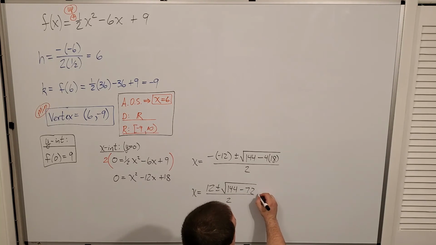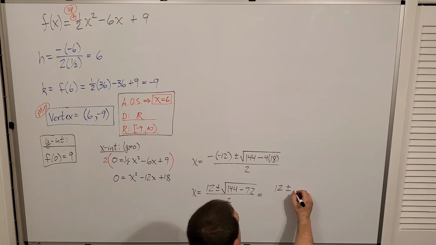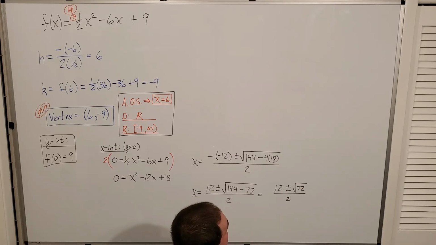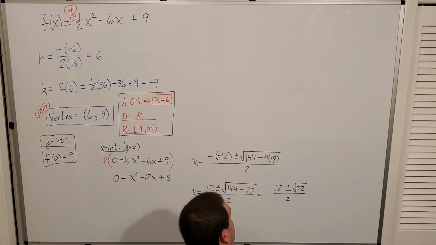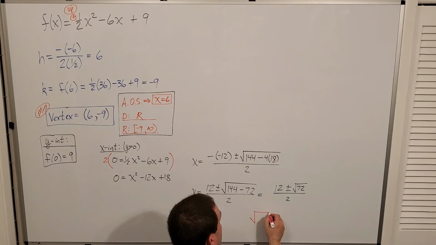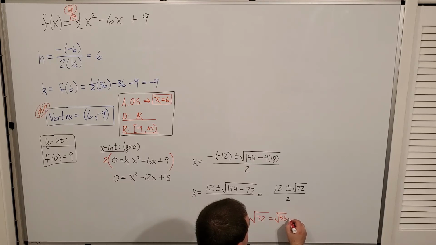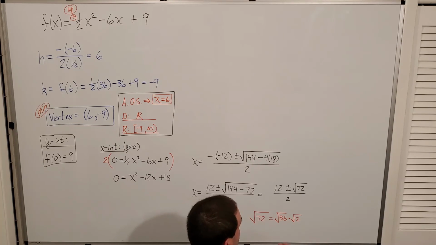So then what I have here is 12 plus or minus the square root of 72 over 2. I can reduce the square root of 72, right? Because the square root of 72 is the square root of 36 times the square root of 2, because 72 is 36 times 2.